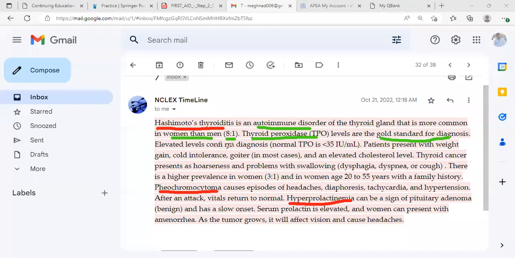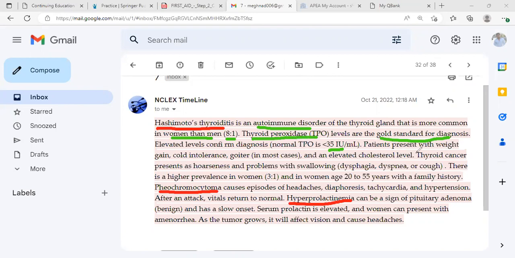Elevated level confirms diagnosis. So normal TPO is supposed to be less than 35 international units, but if it is more than that, elevated for a long time, we say Hashimoto thyroiditis, because TPO, thyroid peroxidase, is the gold standard.